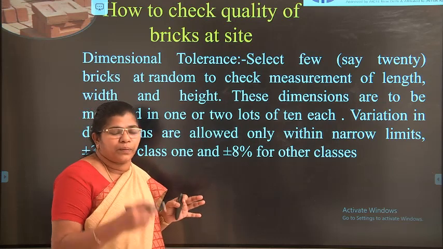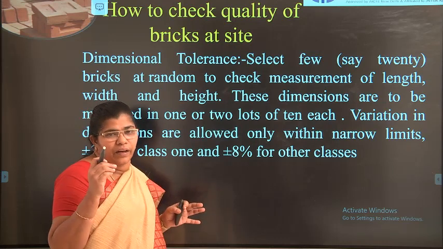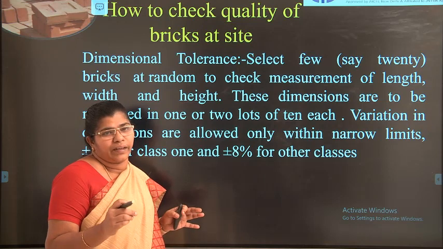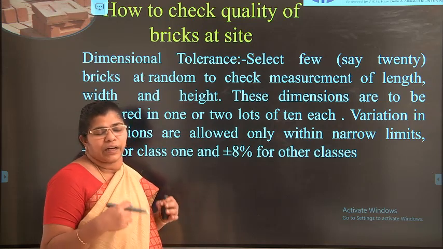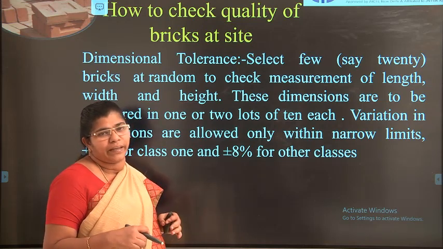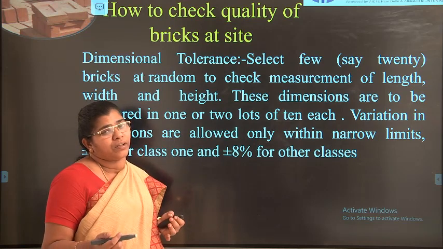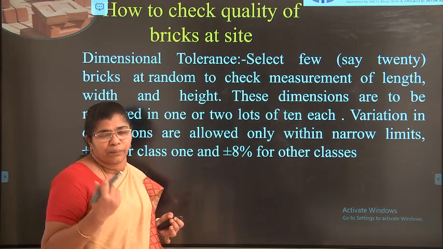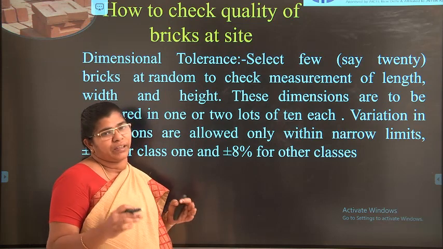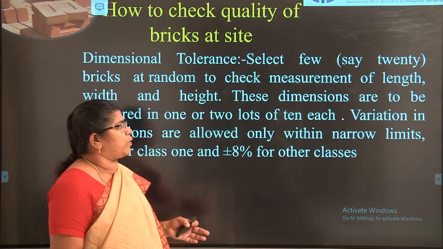The brick color should be uniform throughout. Nowadays we are going in for controlled brick making, so it will be there. But in most cases, this uniformity will not be there. So we should check the uniformity of bricks. That is one thing.